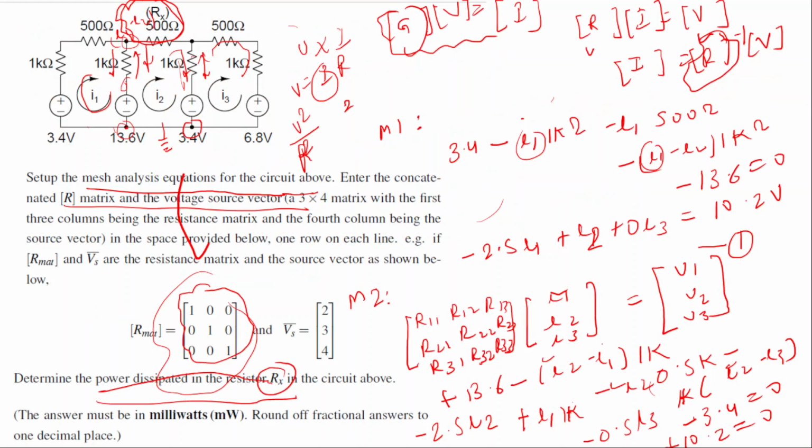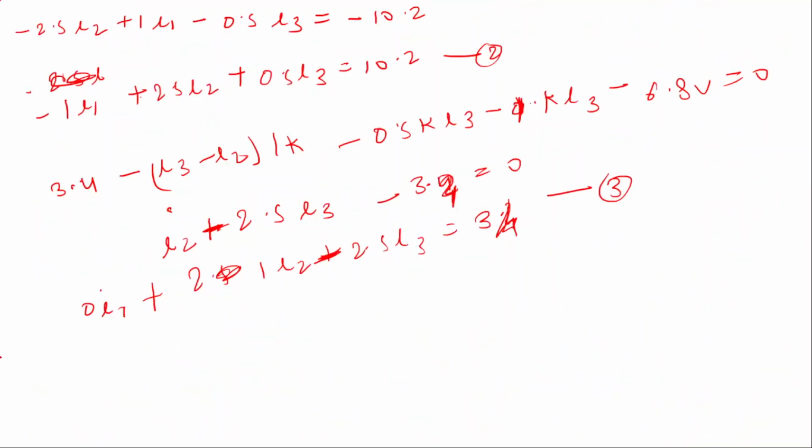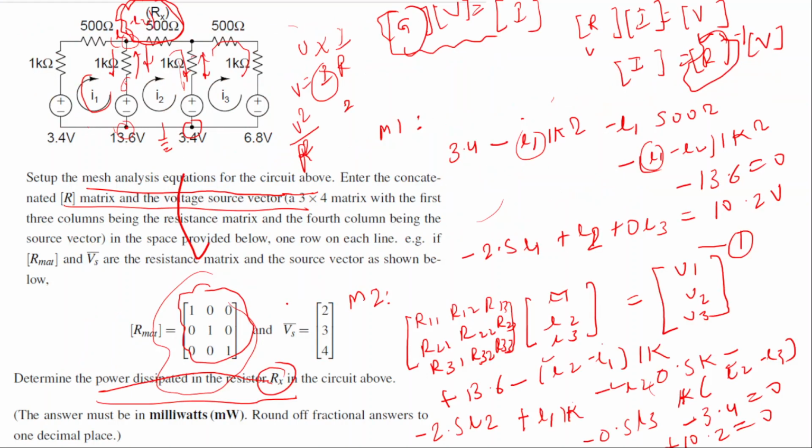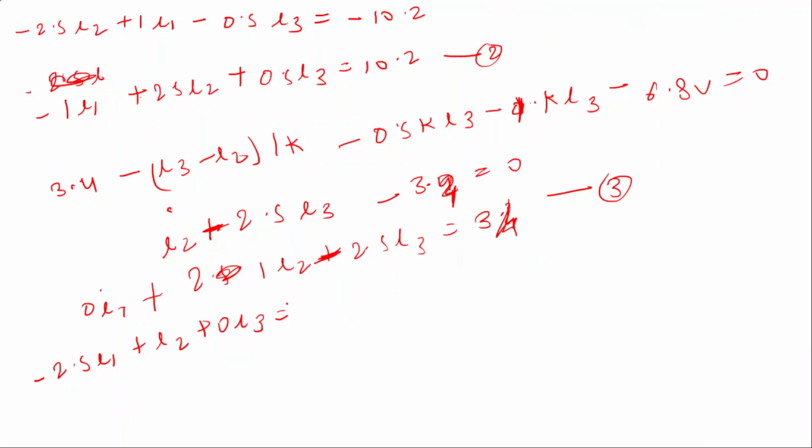Let's copy the first equation also. So it is minus 2.5 times I1 plus I2 plus 0 times I3 equals 10.2, so it is 10.2 volt. So now let's write this equation in terms of a matrix.